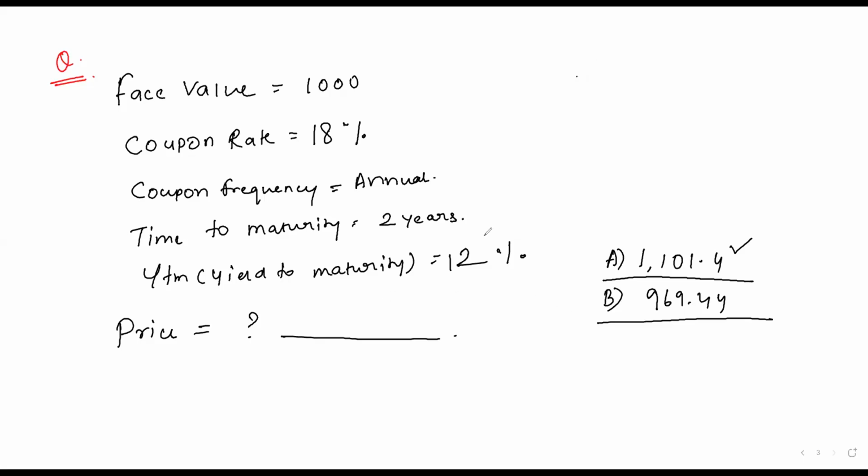This is the coupon rate. If the coupon rate is 18%, what is the coupon amount? 18% into 1000 gives you 180 rupees. Does anyone have any doubt in this part?